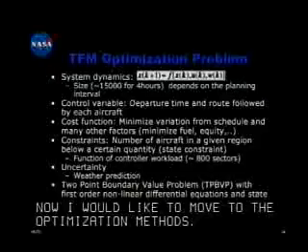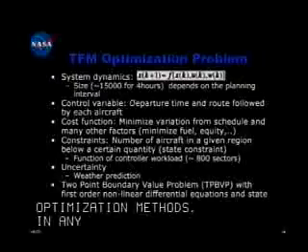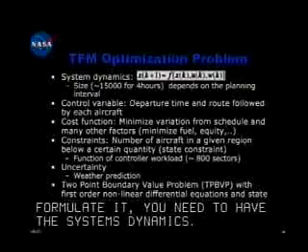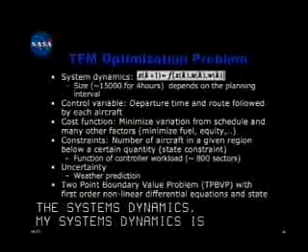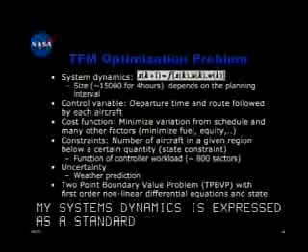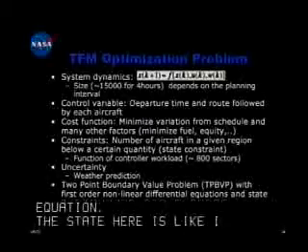In any optimization problem, to formulate it, you need to have the systems dynamics. My systems dynamics is expressed as a standard state space equation. And the state here, like I mentioned earlier, could be specified in two different ways.